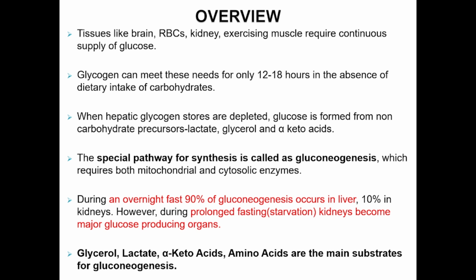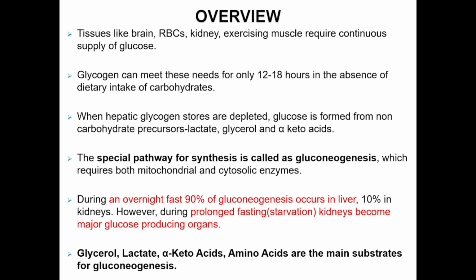So what are the non-carbohydrate products that can be converted to glucose? They are lactate. You remember lactate? The lactate from the muscle can be transported through the blood to the liver, and there it can be converted to glucose. Also glycerol. We will learn more about glycerol in the upcoming lecture on lipid metabolism.